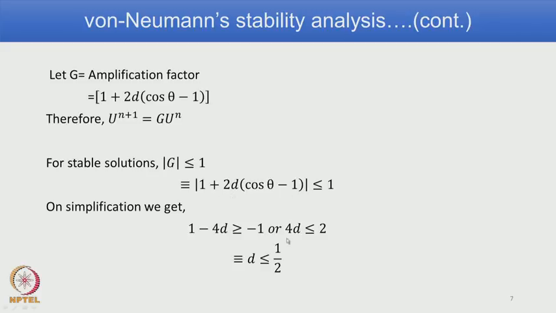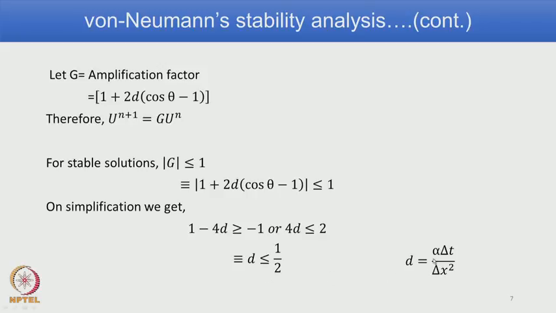So, if you follow that, you get a condition that d should be less than or equal to half, and we just put the definition of d here again, where d is related to alpha times delta t by delta x squared. This alpha is a diffusion coefficient, which is coming from the equation itself. So, we do not have much choice on alpha, whereas delta t and delta x are coming from discretization, and there we have control.